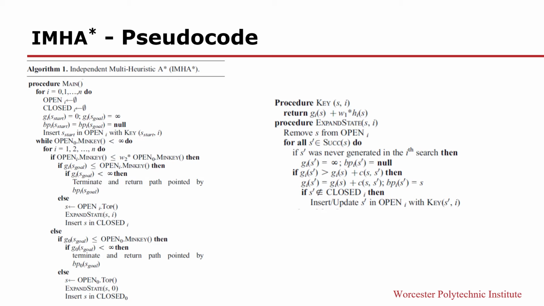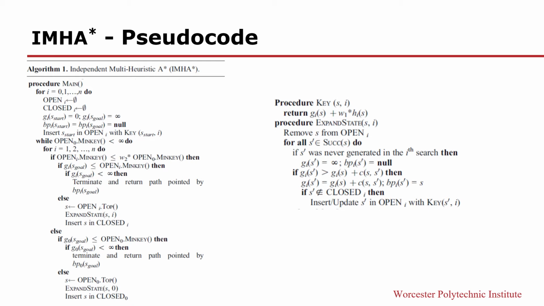For each inadmissible search, if the weight prioritizes the inadmissible search, then it will prefer the inadmissible search to perform the exploration. If the goal hasn't been reached yet, then the node will be taken from the inadmissible search.